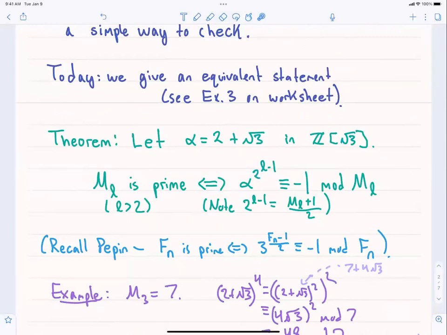And I'm checking that when I raise it to the p plus first, so in this case, if p was M_l, then the p plus first would be 2 to the l. So when I raise it to 2 to the l, I'm getting 1. And so that means when I raise it to 2 to the l minus 1, I'm going to get a square root of 1, which is either 1 or minus 1. So I'm halfway to showing this is true.